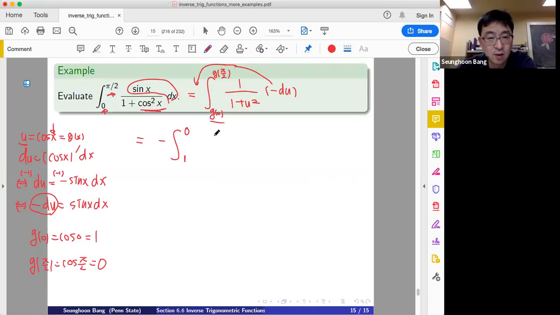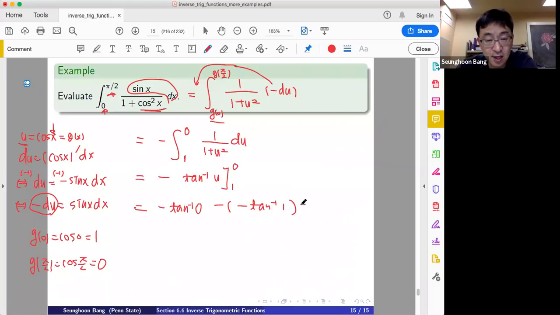So we have the integral of 1 over 1 plus u squared du, keeping the negative. It is exactly inverse tangent of u from 1 to 0. So you plug 0 first: negative inverse tangent of 0 minus negative inverse tangent of 1.